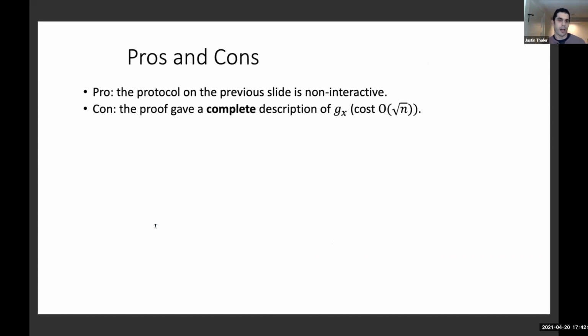The pro of this highly simplified protocol is that it's non-interactive. The proof was just a single message specifying one univariate polynomial of degree root n. The big con is that the proof gave a complete description of the polynomial. So the proof was kind of long. It was length root n, when we'd like to see SNARKs with proof length logarithmic or something like that.